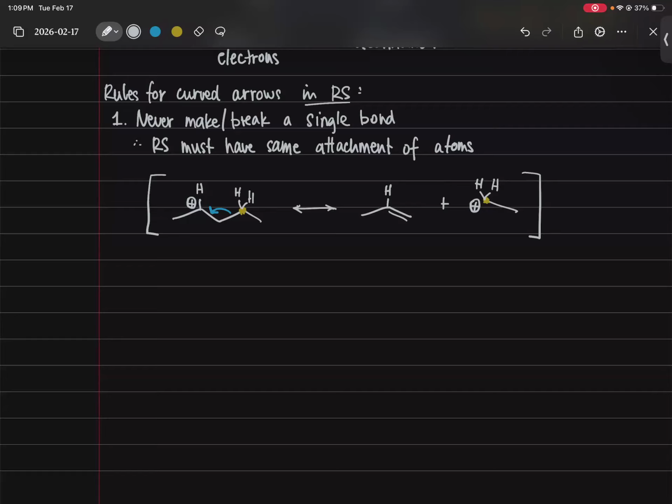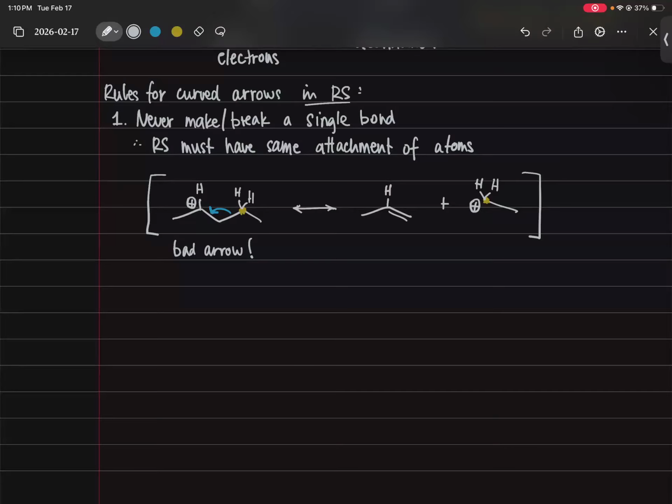Okay, so I said that this was a bad arrow. And the reason it's bad is not because it shows an impossible chemical process. It's not impossible. We've just showed the results of it. But it's a bad arrow because we're trying to draw a resonance structure. And I've drawn a resonance arrow here. And I put it in brackets. So resonance structures are always showing the same entity, just in the different sort of forms that make up that entity.